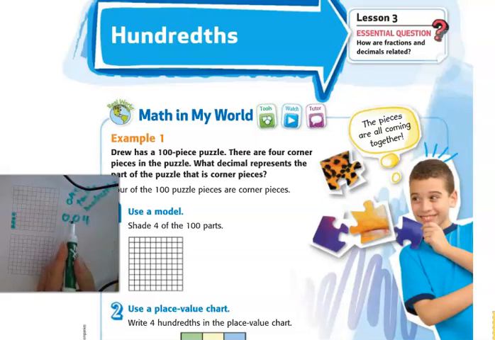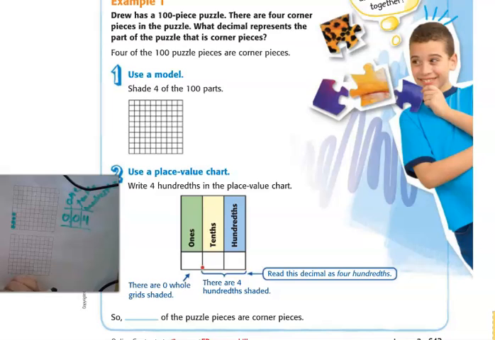So that would be how it would look in a place value chart. I would just have to draw a chart, and that's what it's asking for in the second step here. So down here I would write 4 hundredths of the puzzle pieces are corner pieces. And there's how that page should look.